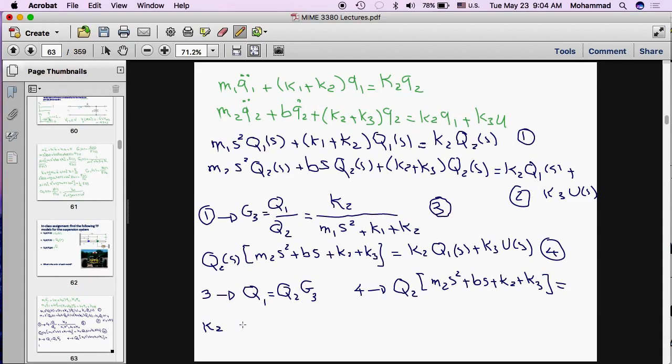Now for Q1, we are going to write it as Q2 times G3, which is K2 divided by M1 S squared plus K1 plus K2. This is K2 times Q1 plus K3 times U of S.